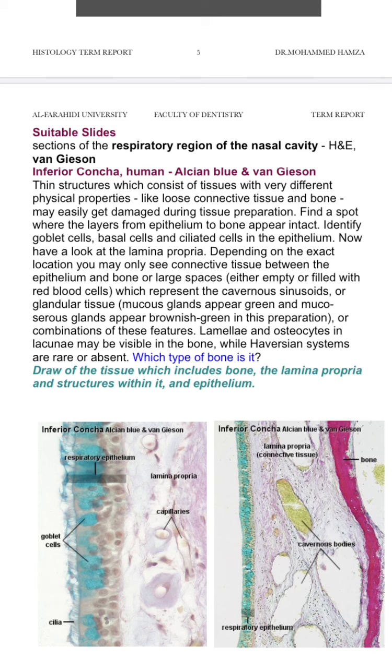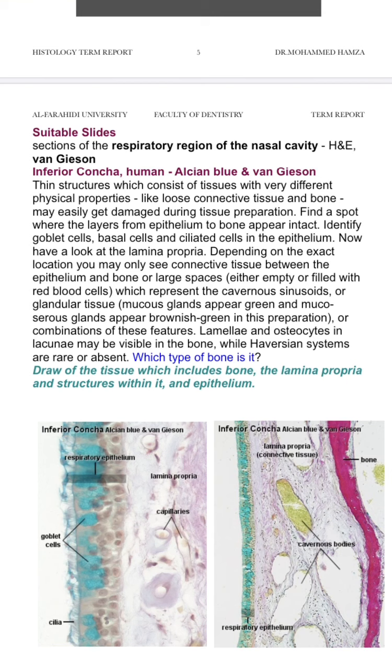When we prepare the slide for the microscope, we find a spot where the layers from the epithelium to the bone appear intact.